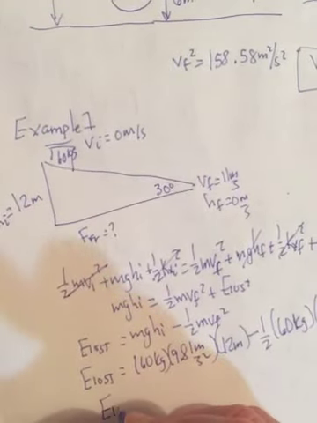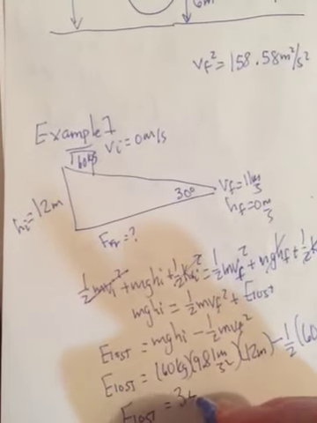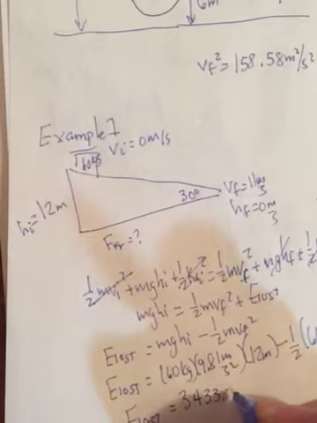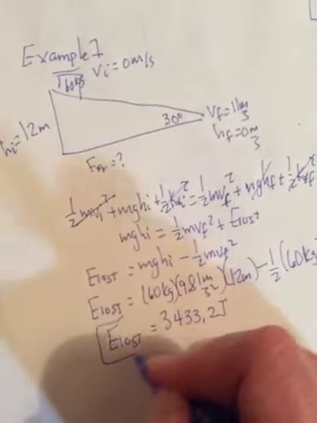And so when you do this, you get an E lost to be 3,433.2 joules. Okay? But that is not the final answer.